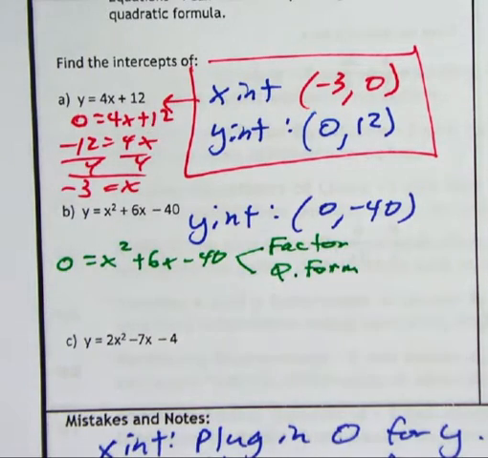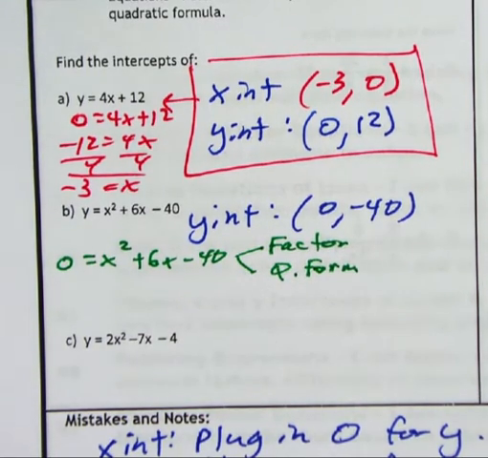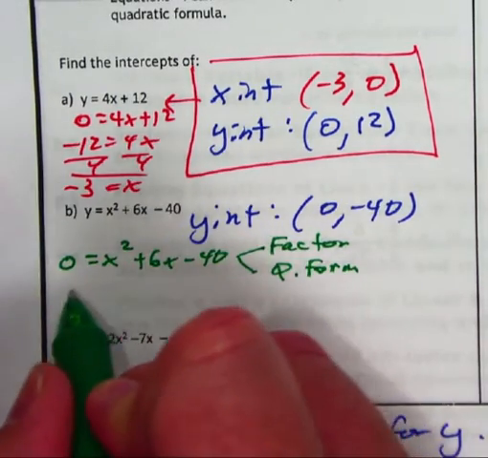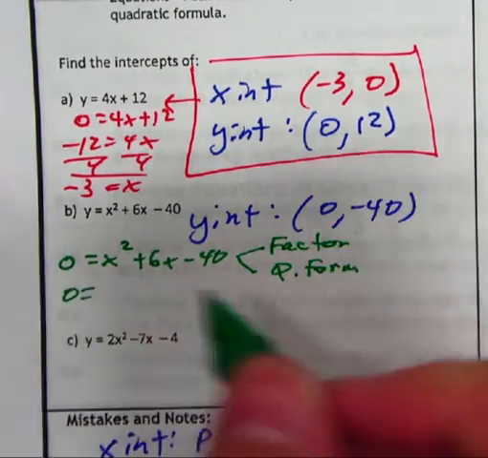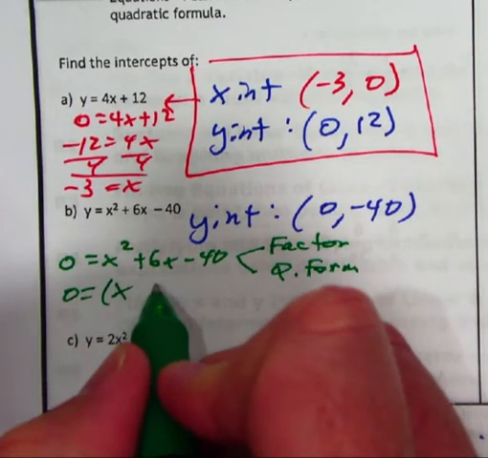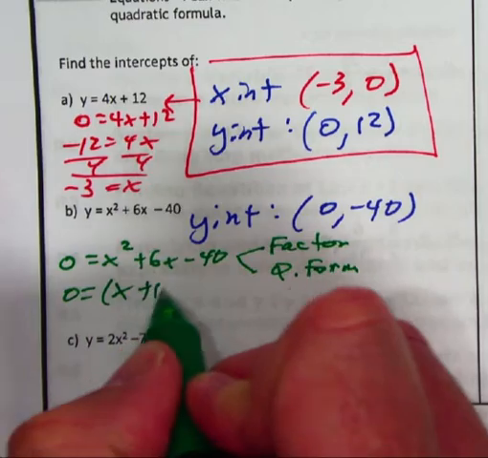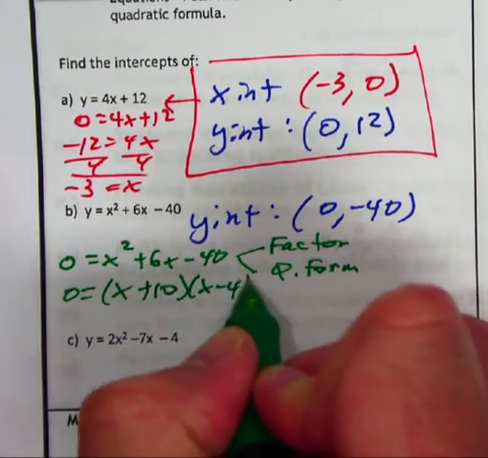I'm going to choose to do factoring. Factoring is another one of the targets, the next one, so I'll show you more how to do that later in the next R7 video. But here's the deal: what makes 40 is 10 times 4, so it's going to be x plus 10 and x minus 4, and it's going to work.